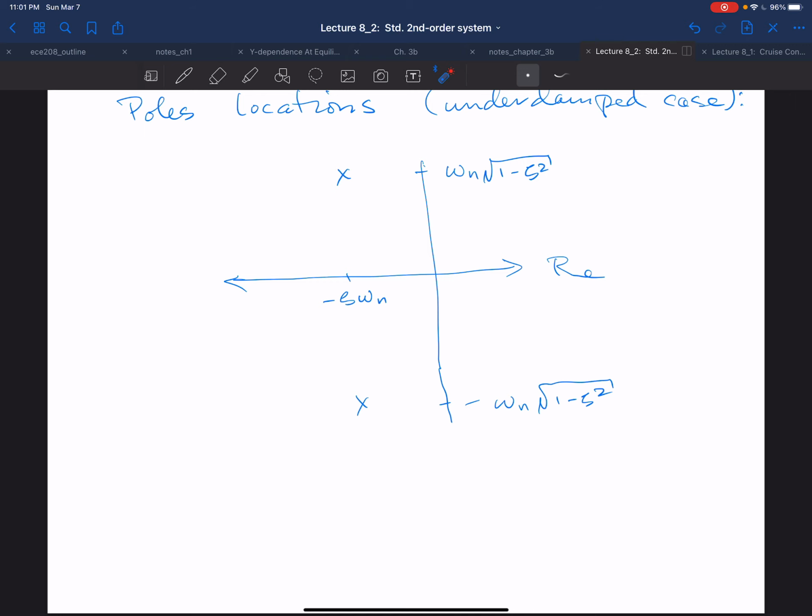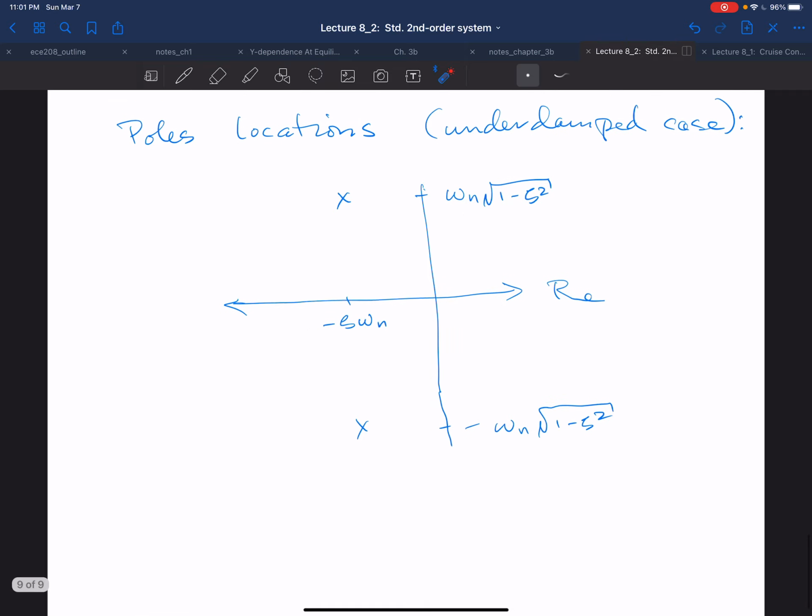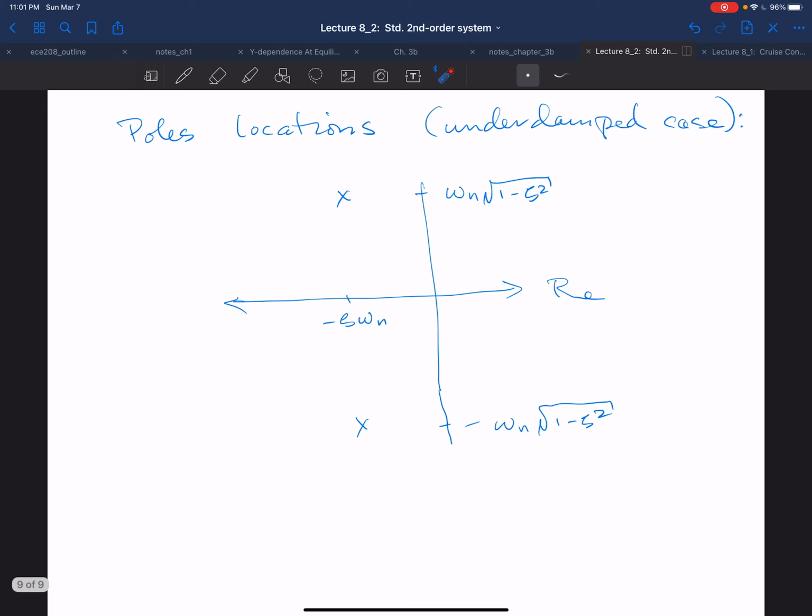Note that this real part is minus zeta omega n. The complex part is omega n times the square root of 1 minus zeta squared. If we take the sum of the squares of those two components, we're going to get omega n squared. Take its square root and you get omega n. So what that tells us is that omega n is this distance here from the origin to the poles.